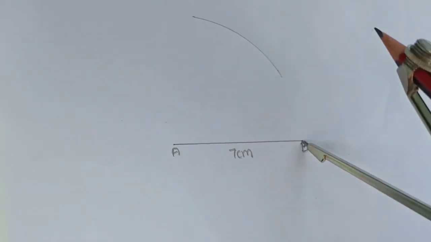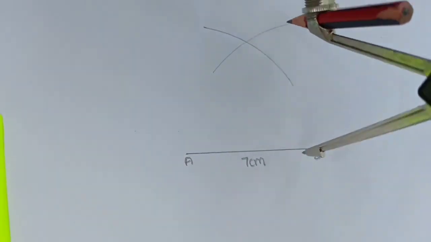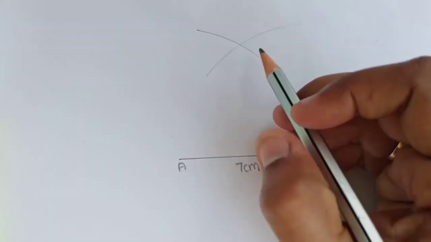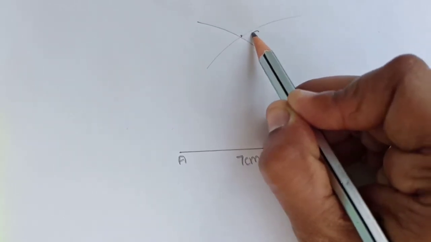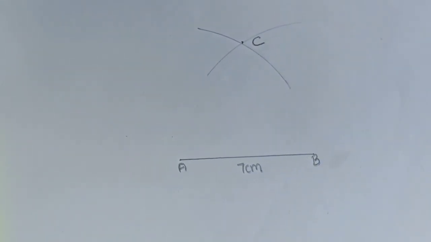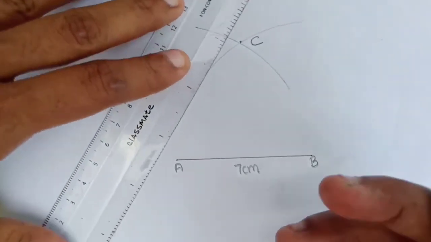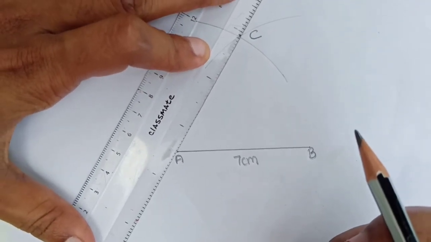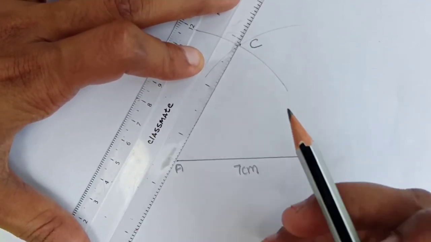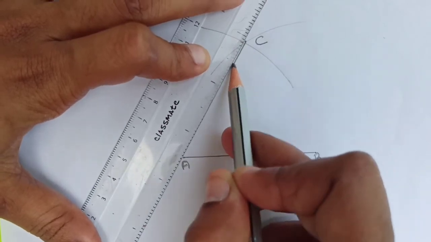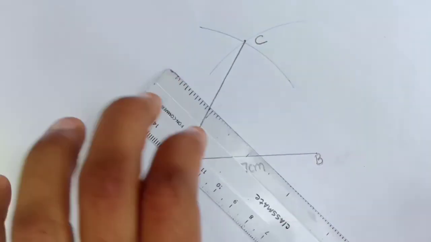By using the same radius, with B as center, cut the previous arc. And label the point of intersection of the two arcs as C. By using your ruler, join the points C and A and also C and B.